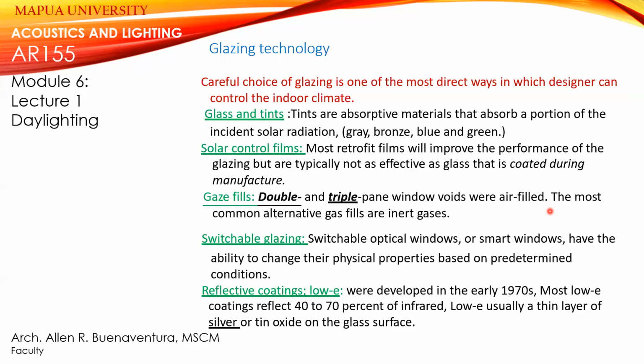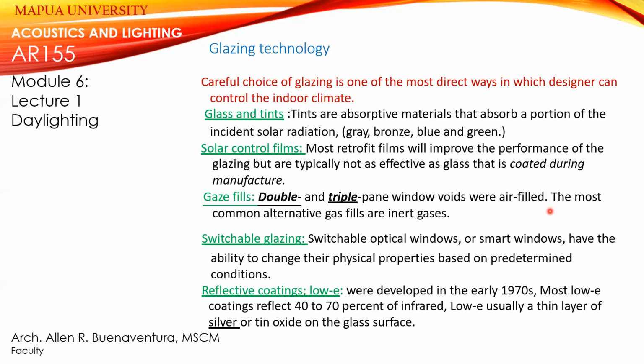So that is also a type of system: you can put double glazing, just like what we discussed in acoustics. They put double glazing to reduce the sound transmission into the room. This is also used in solar control, to put double glazing to reduce the transmission of ultraviolet rays and unwanted sun rays inside the room.